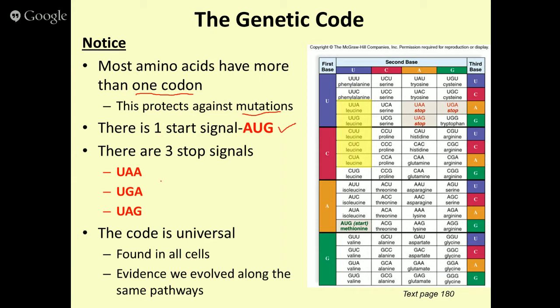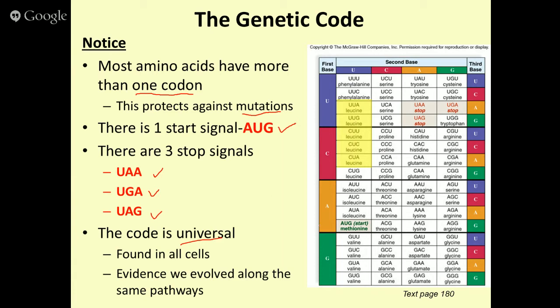There are 3 stop codons, UAA, UGA, UAG. And the interesting thing about this codon dictionary is it's universal. If you look in an amoeba, if you look in a bacteria like Staphylococcus aureus, if you look in many organisms across many areas of the world, every organism uses this same codon dictionary.